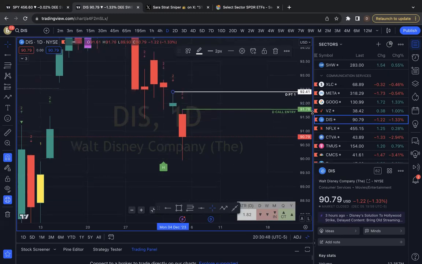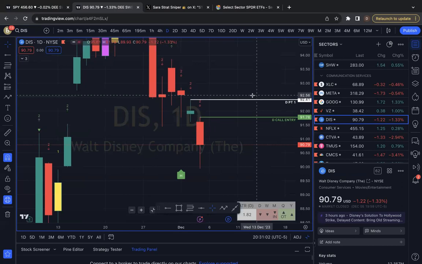Okay. And then you want to look at your ATR and see if that makes sense. So the ATR says $1.82 in a day. And that lines up. That's an obtainable price target. Now keep in mind Disney closed down here. So it's a little past the ATR actually.